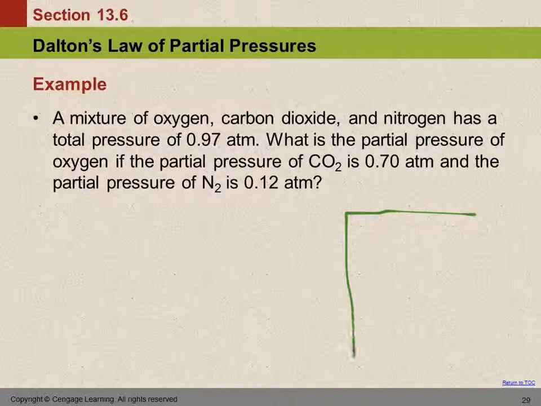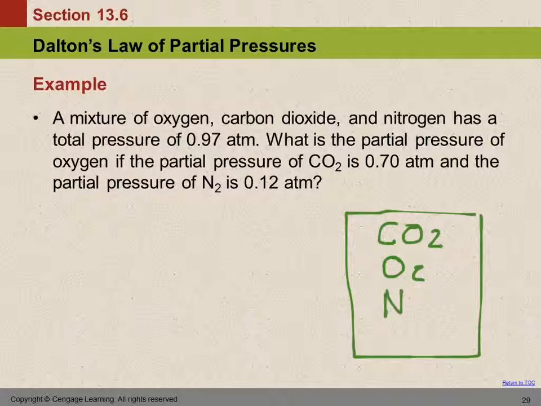So here's our gas container, and what do we have in there? We've got carbon dioxide, and we've got oxygen, and we've got nitrogen, right? So we have three gases in there.